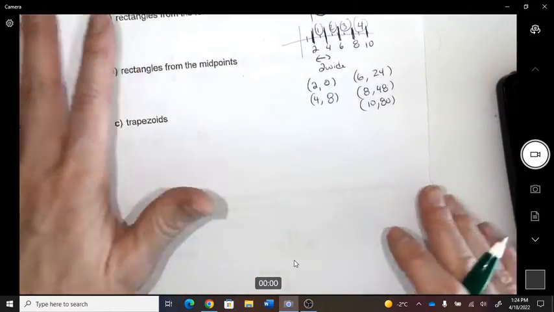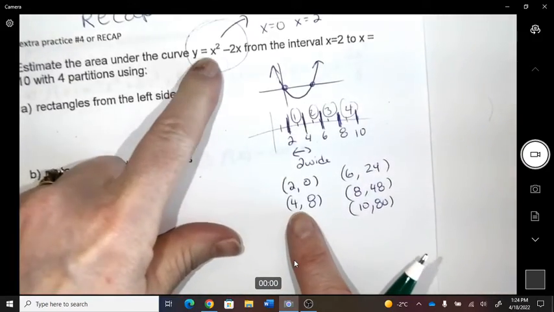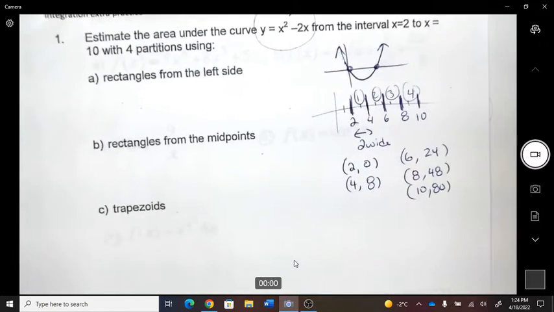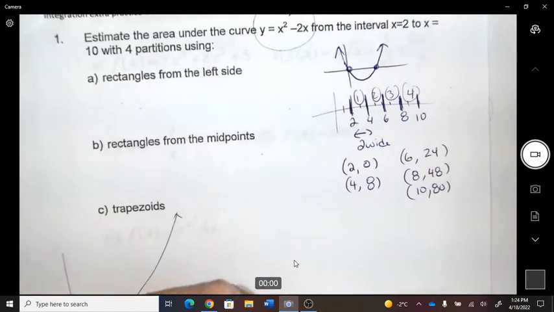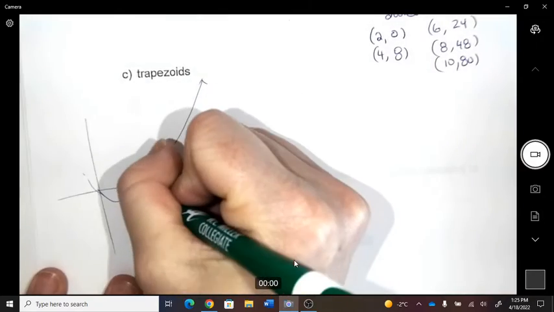Okay, everybody knows how to plug them in though, right? You just go, if you're plugging in 4, what's 4 squared? Subtract 2 times 4. Okay, so from the left-hand side, here we go. Okay, so rectangles from the left.